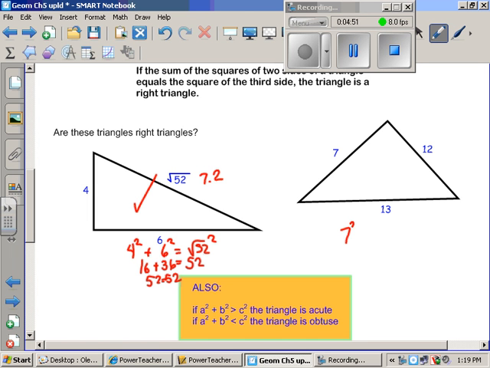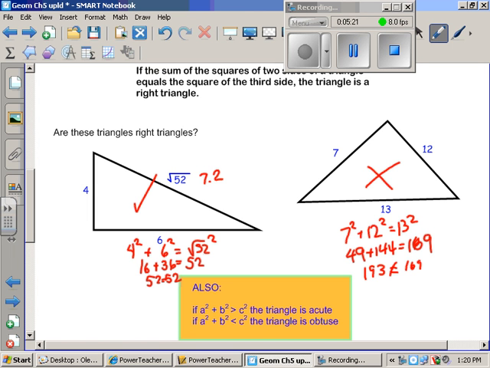So it would be 7 squared plus 12 squared equals 13 squared. So 49 plus 144 is 193, and 193 does not equal 169, so this is not a right triangle.